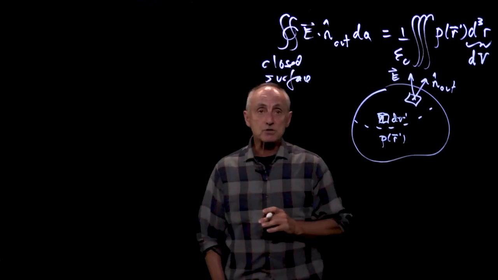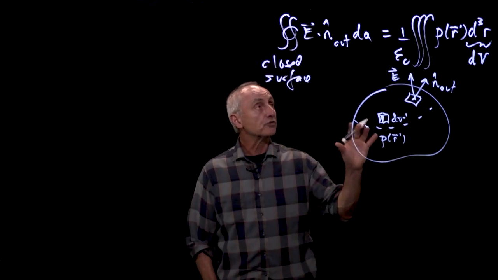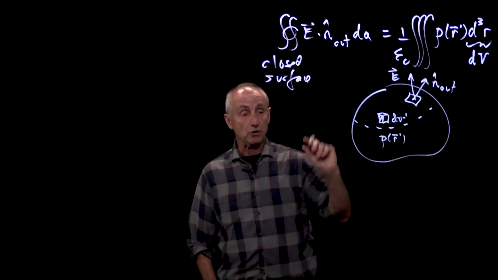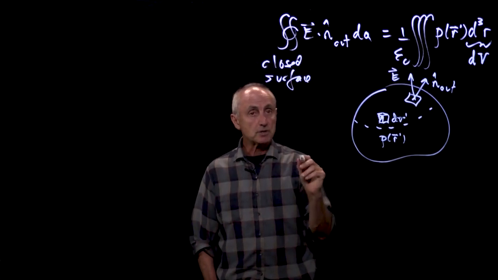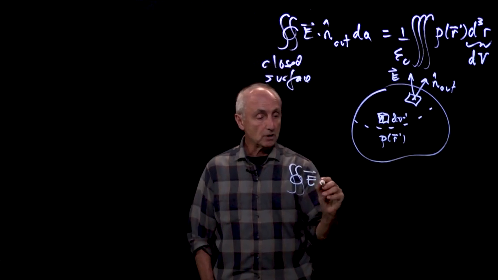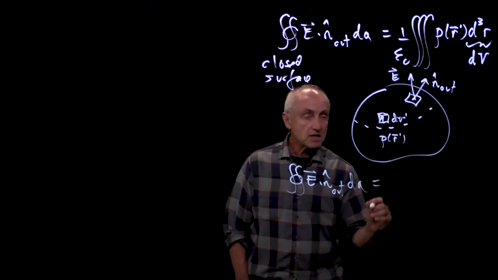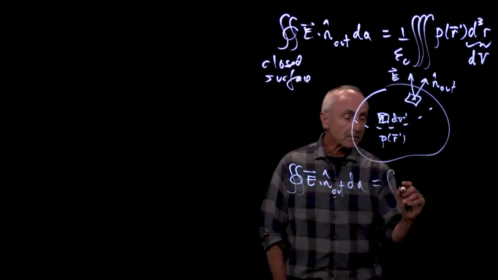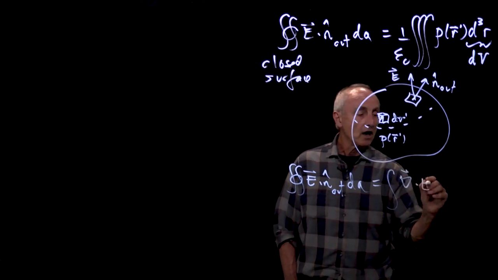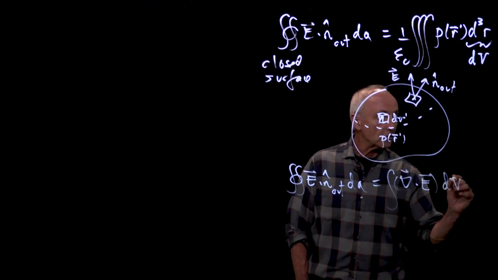Now, in mathematics, there's a theoretical result called the divergence theorem. The divergence theorem makes the statement that a closed surface integral is equal to the divergence of that vector field integrated over the volume.